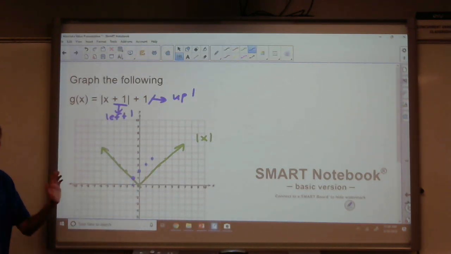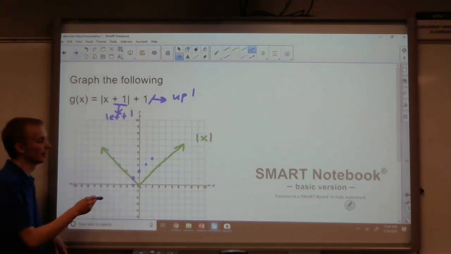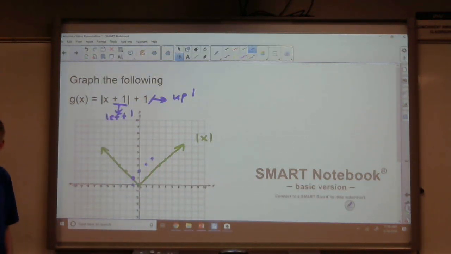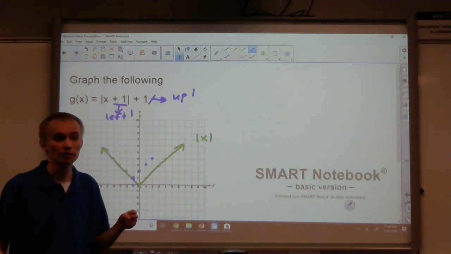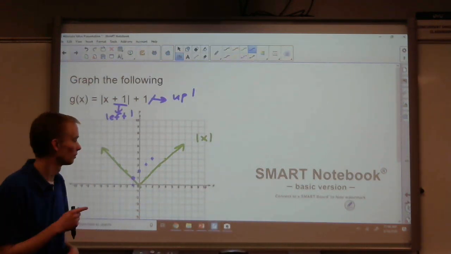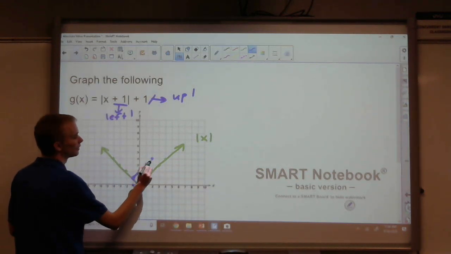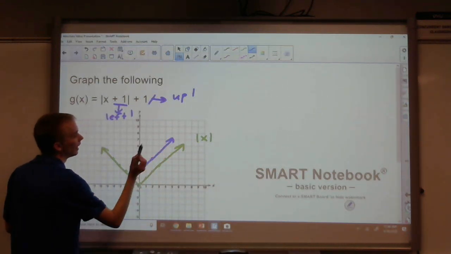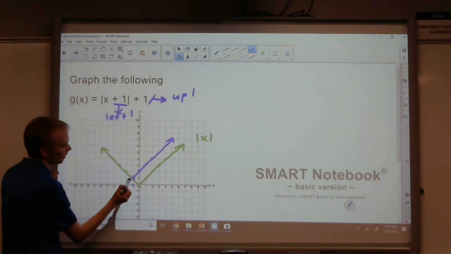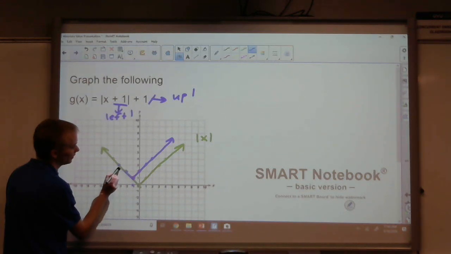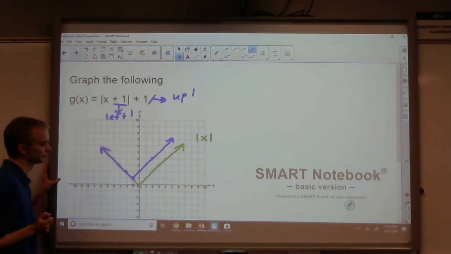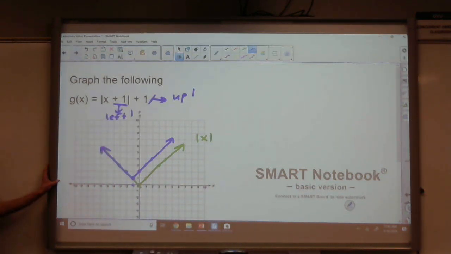Now this absolute value is really nice because on each side it just has a straight line, right? So it has a constant slope, unlike quadratics where it bends, right? This one just stays flat, a straight line. Okay, and then this one goes left 1, up 1, left 1, up 1. So you notice these guys overlap over there. Okay?